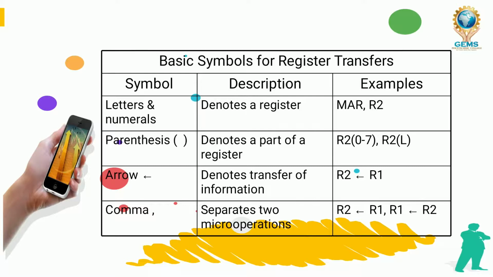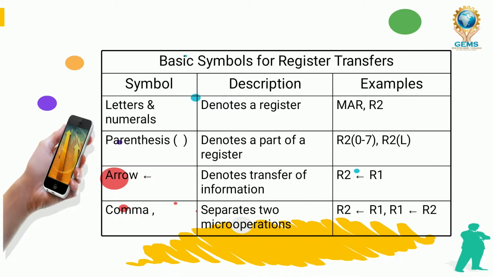R1 means register. MAR, the letters, is a register. R2, with a numeral, is a register. So registers are denoted by letters and numerals. And the parenthesis denotes part of a register. So R2(0-7), R2(L): R2(0-7) is part of the R2 register, and L is part of the R2 register.